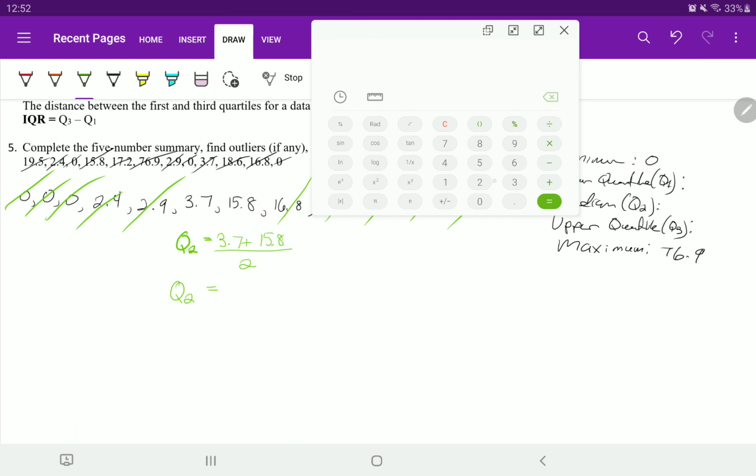That's going to be 3.7 plus 15.8, divided by 2. That's 9.75. That is going to be our quartile 2, and that's going to be our median. The symbol for median is MD. 9.75. Okay.